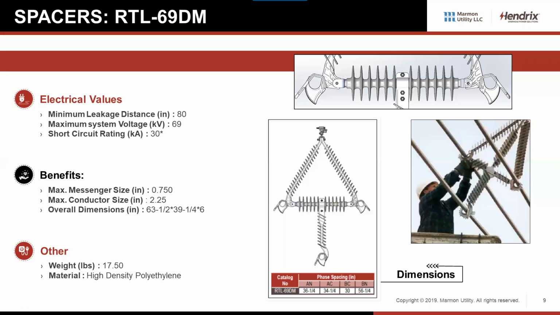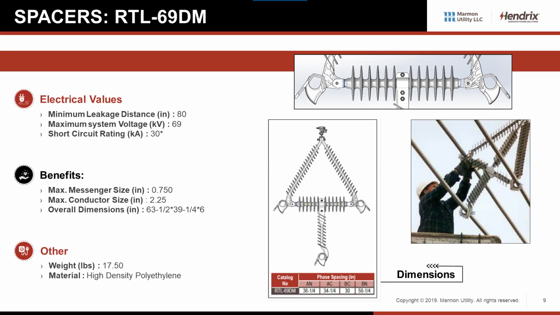So we've had a couple of cases where we've wanted more mechanical strength to it. So we've redesigned the center of this spacer with a little more mechanical strength than the design that we've had in the past. So this is a relatively new design.